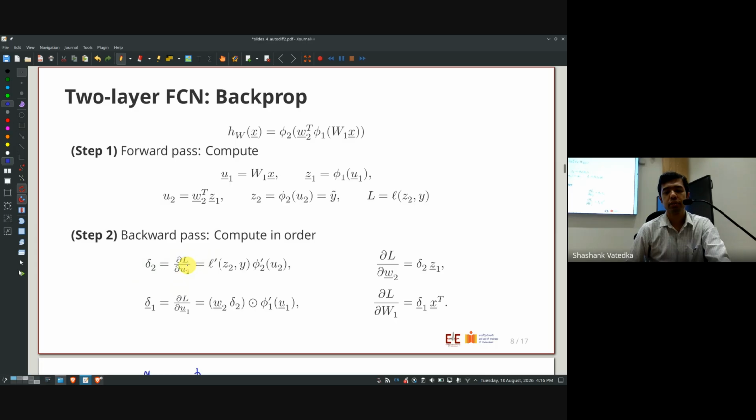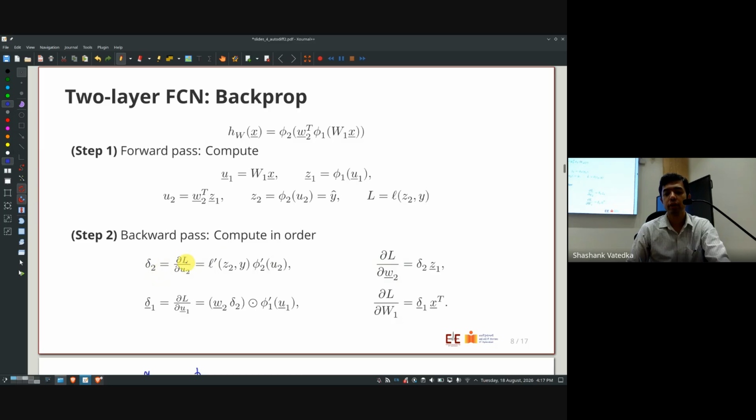So this is just equal to the partial derivative of L with respect to Z2 times the partial derivative of Z2 with respect to U2, which is the derivative of L evaluated at Z2 comma y, times the derivative of phi2 evaluated at U2. Is this okay? Great.